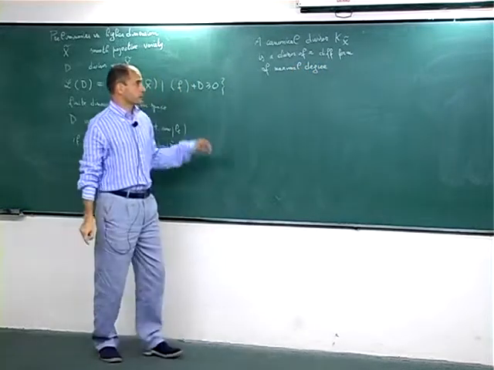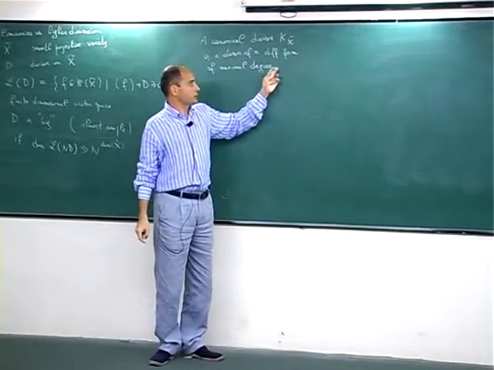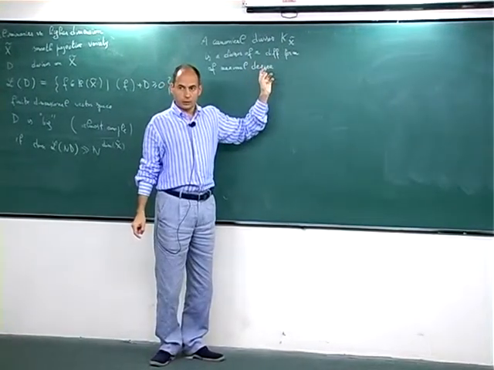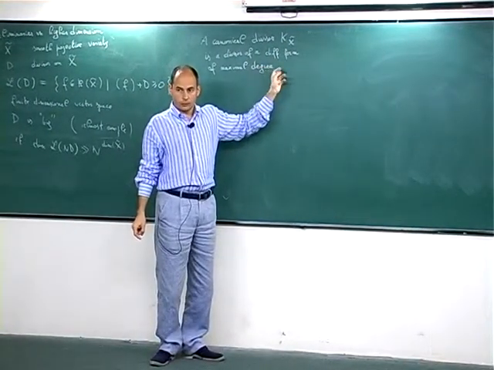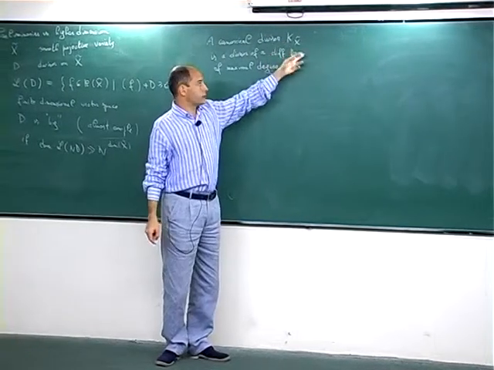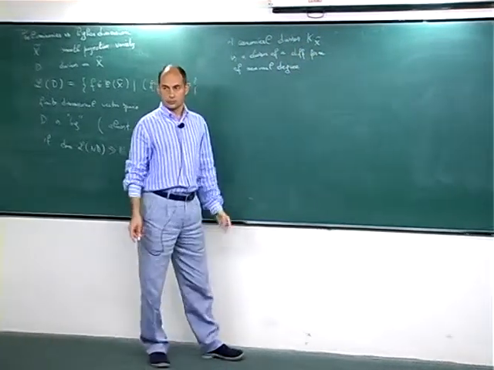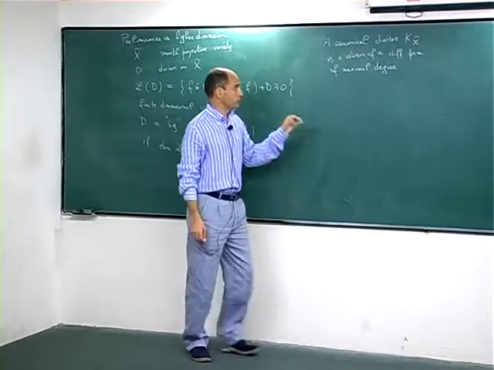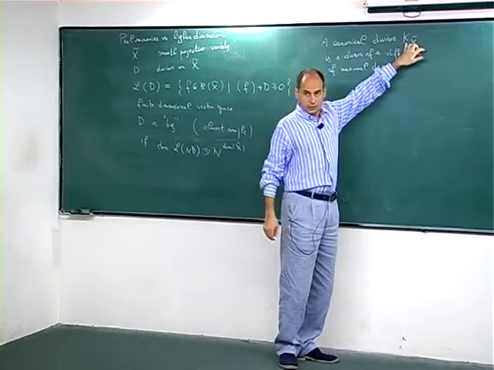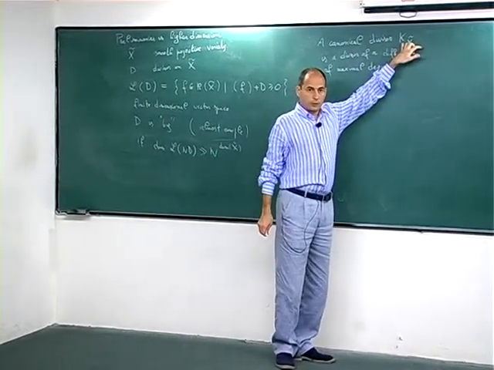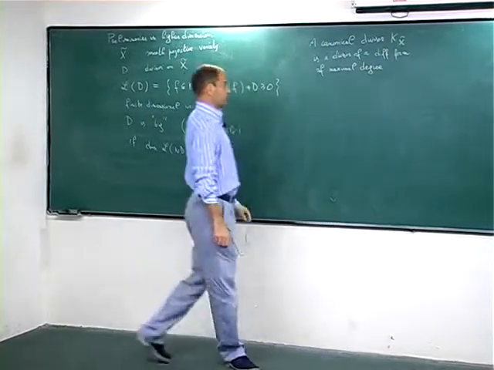So if X tilde has dimension n, I take a rational n-form and its divisor, so zeros minus poles, and this will be a canonical divisor. It is unique up to linear equivalence.